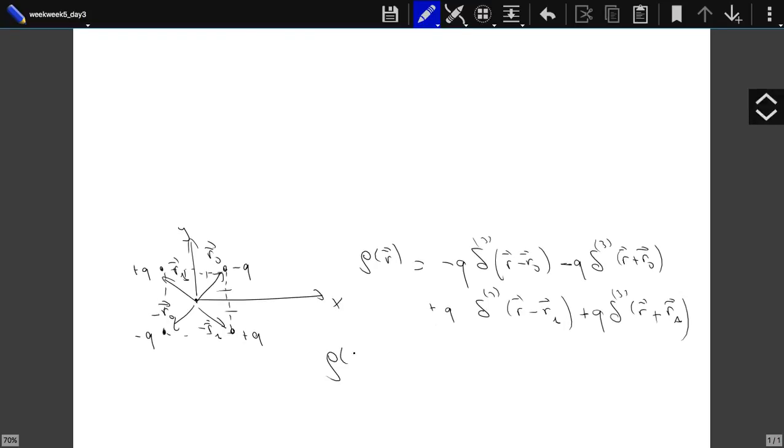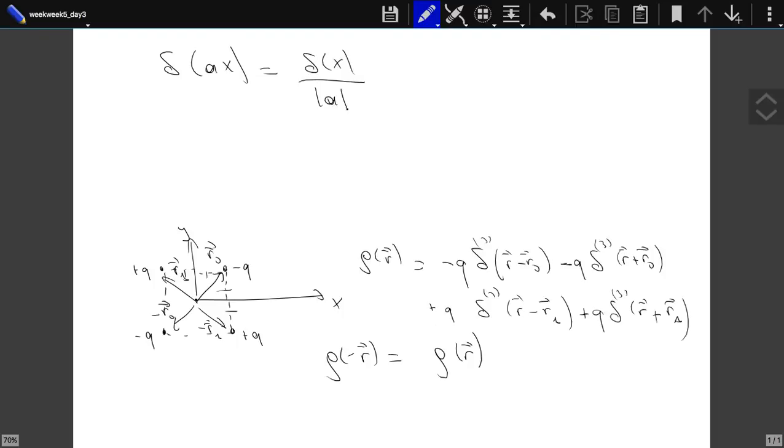So what can you say about rho of minus r? Is it somehow related with rho of r? Or there might be no relation whatsoever? Let's remember one property of the Dirac deltas: delta of a x is equal to the Dirac delta of x divided by the absolute value of a.